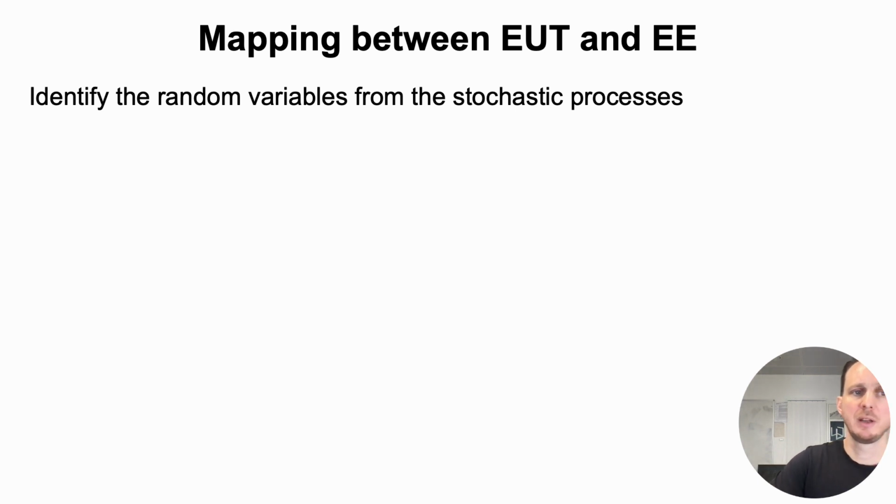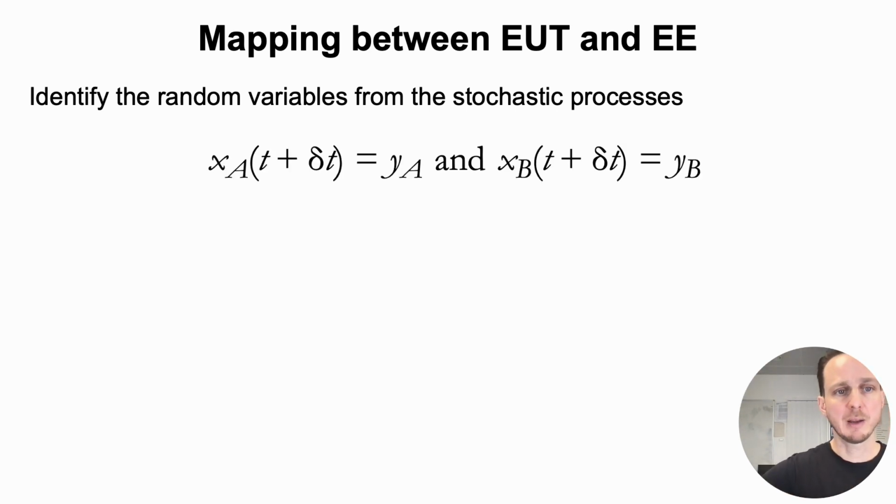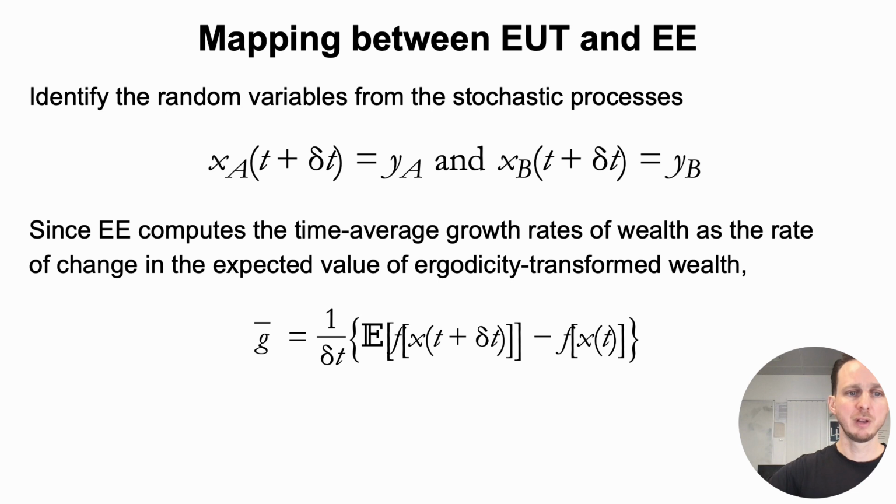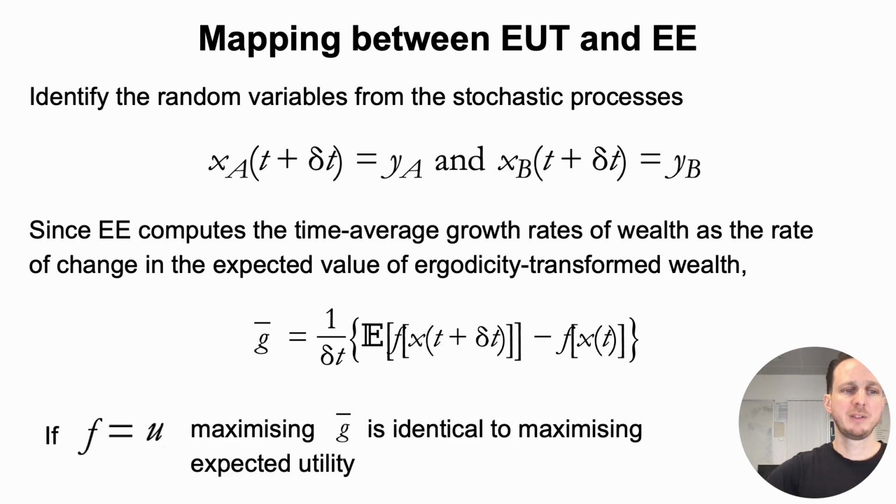So the mapping between EE and EUT involves identifying the random variables from the stochastic processes to make that bridge between the random variable and the stochastic process. That's quite straightforward. Since EE computes the time average growth rate of wealth as the rate of change in the expected value of the ergodicity-transformed wealth, then if the ergodicity transformation is equal to the utility function, maximizing time average growth rate is identical to maximizing expected utility.